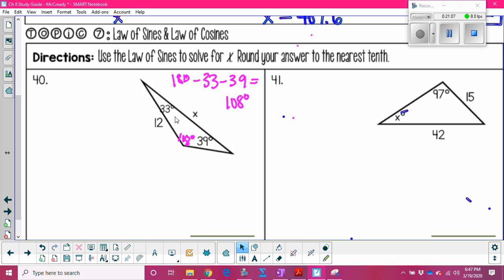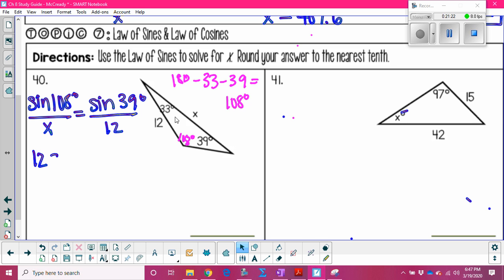So we use the law of sines. We have the sine of 108 degrees over x equals the sine of 39 degrees over 12. You'll cross multiply. You get 12 times the sine of 108 degrees equals x times the sine of 39 degrees.